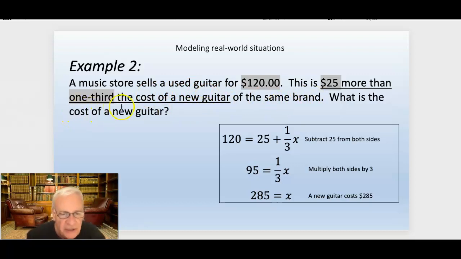What is the cost of a new guitar? The cost of a new guitar is the variable. $25 more means 25 plus 1/3 the cost of a new guitar. Once you get the setup right, then it's relatively easy. Subtract 25 from both sides and then multiply both sides by 3. A new guitar is $285.